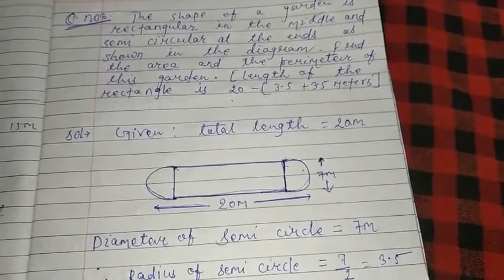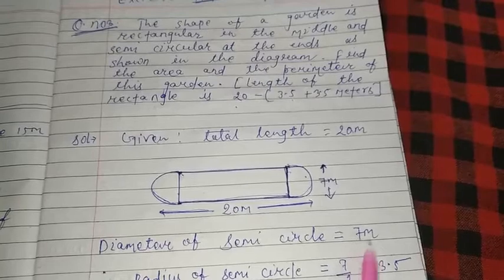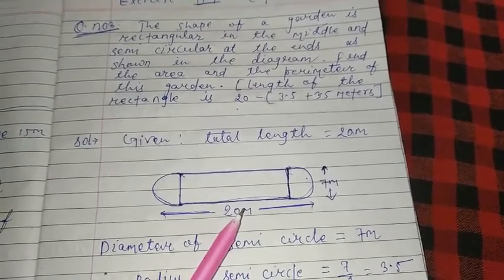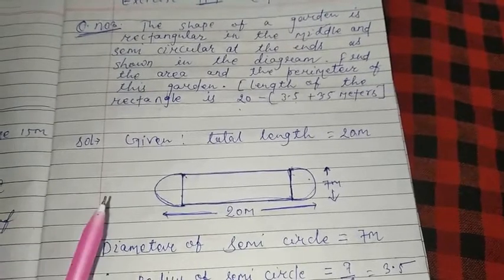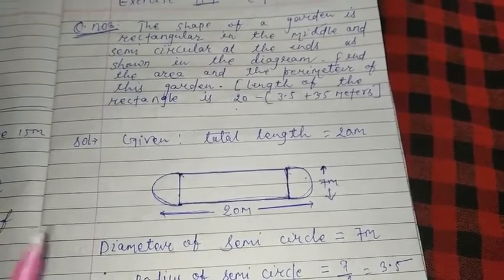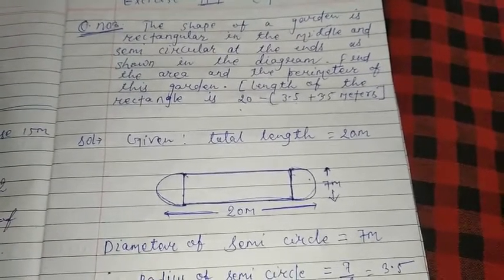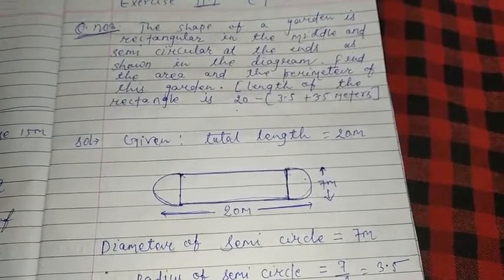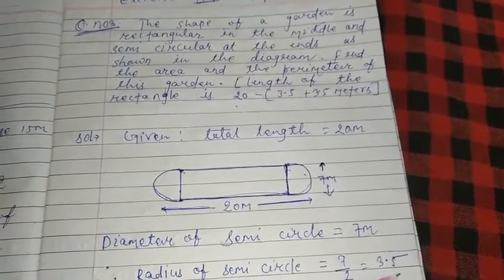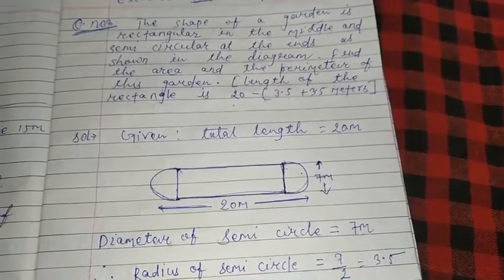So you know well, when the diameter of a semicircle is 7 meter, the radius will be half of the diameter, because the formula says that the radius of the circle is half of the diameter. So we have made it half. So 7 by 2 when divided gives 3.5. So this will be your radius.